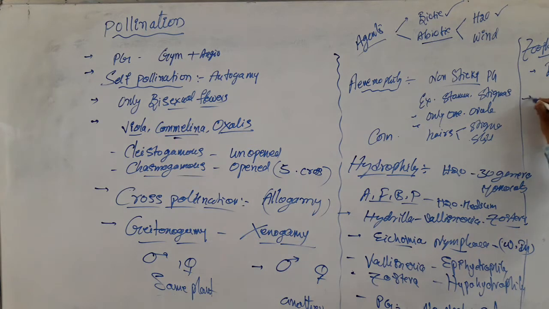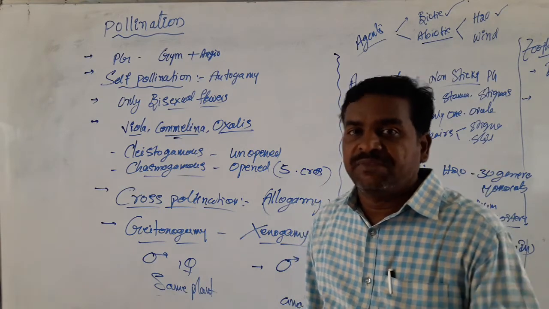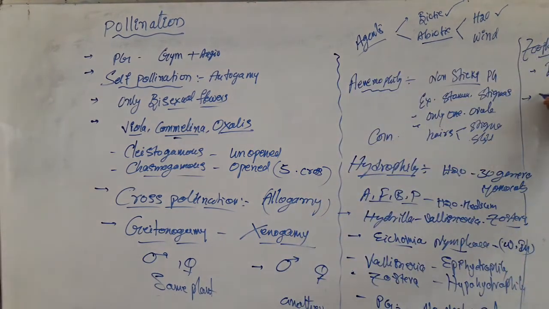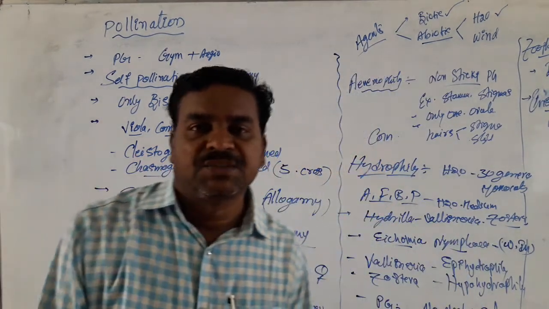Similarly, a particular plant shows some adaptations to attract a particular species of animal. For example, insect pollinated flowers are very large and colorful, produce nectar, and are highly fragrant. These are adaptations to attract insects for cross pollination.